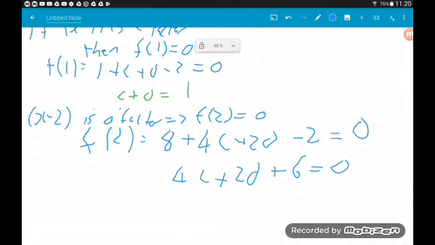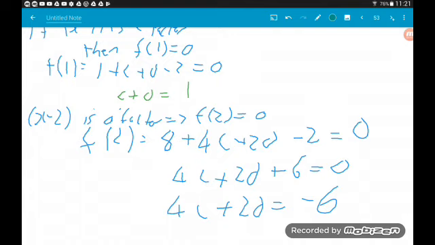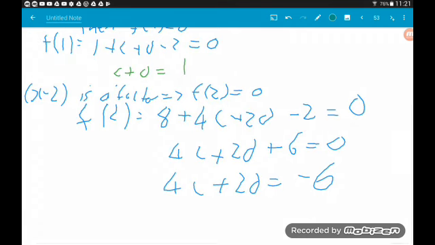We can take away the 6, so 4c add 2d is minus 6, and then we can simplify that a bit. We have a common factor of 2 running through, so we can divide that away. So we're going to end up with our second equation in terms of c and d in its simplest form. 2c add d equals minus 3.